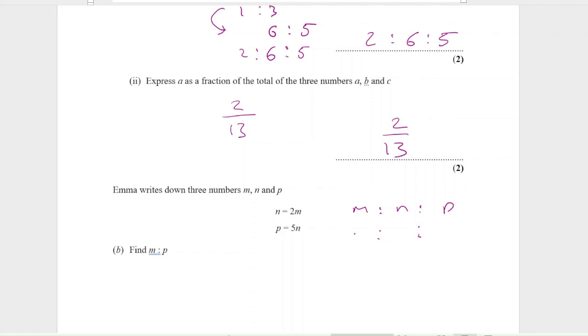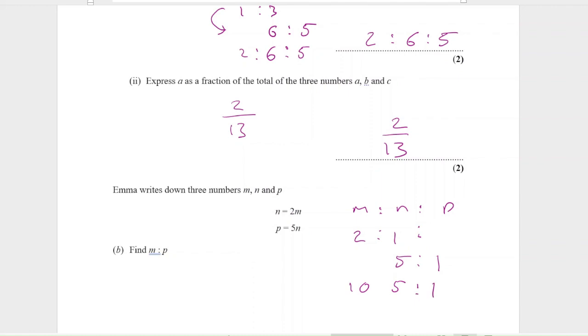So we've got in effect 2 to 1 there. And then for this one, we've in effect got 5 to 1, because I would need 5 lots of p to be equal to n. If I combine them, then that would give me 10 to 5 to 1.